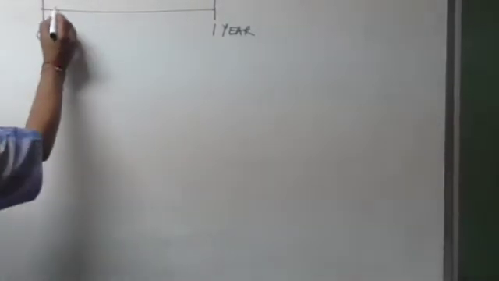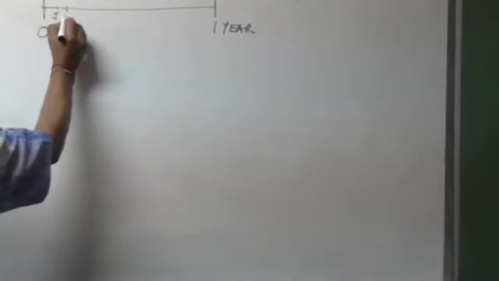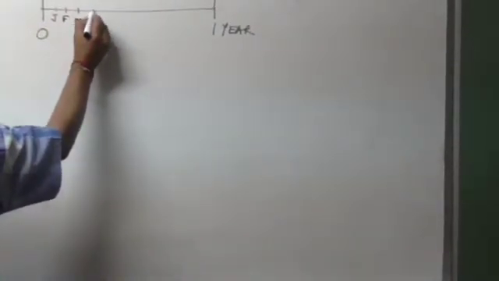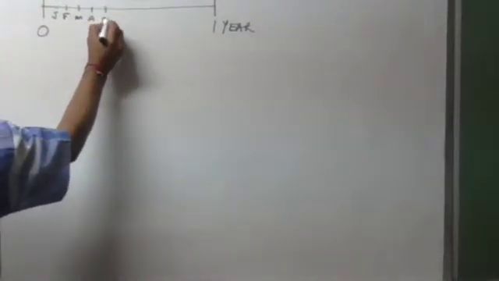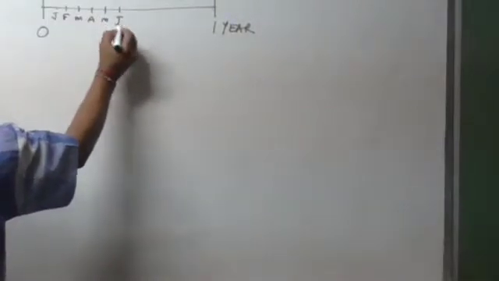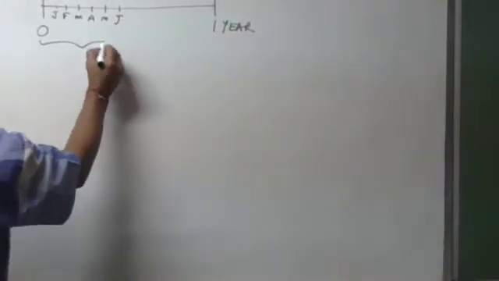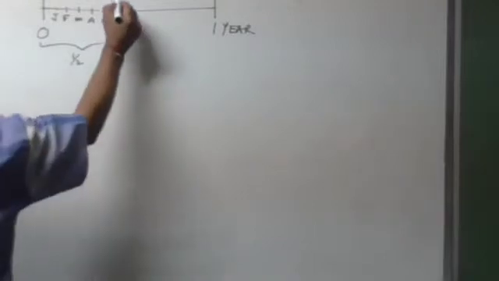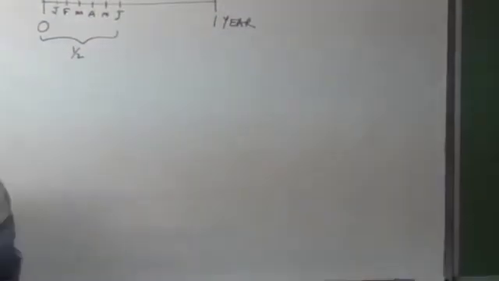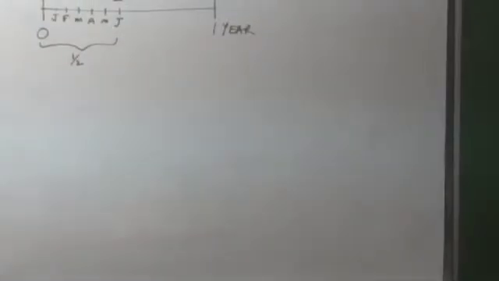Now if interest is compounded half yearly, means there's January, February, March, April, May, June. So this is half year. So you're going to get interest here every half year, half yearly. So you're going to get interest after this half year, and then you will get interest again after that half year.